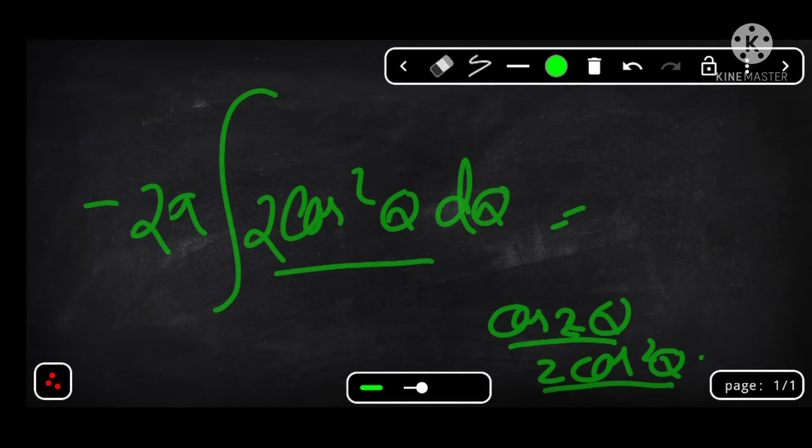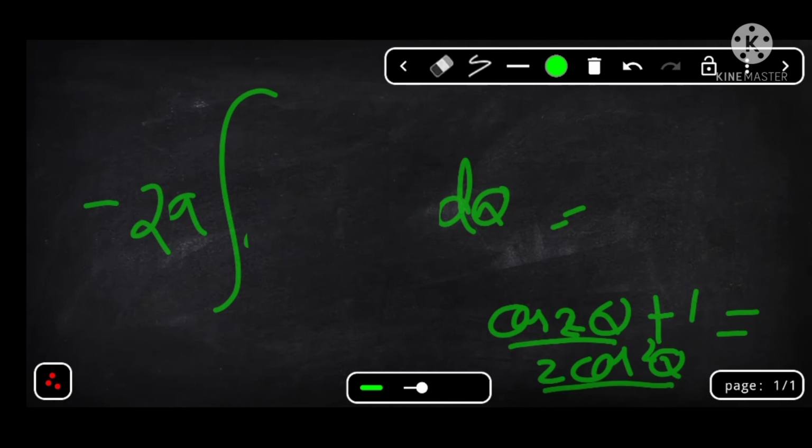See, plus 1. So 2 cos square theta will be cos 2 theta plus 1. So yes, I am rewriting this term as cos 2 theta plus 1.